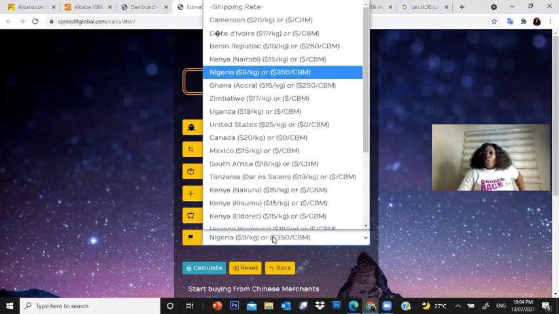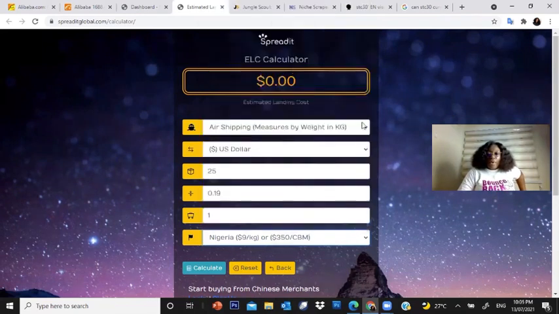You choose the country where you are shipping to, as there are different prices shipping to different countries. Then I'll click calculate and look at that. It is $30. What I saw was $25, but the estimated landing cost is $30. So what I'm going to pay at the end of the day for one product is about this.